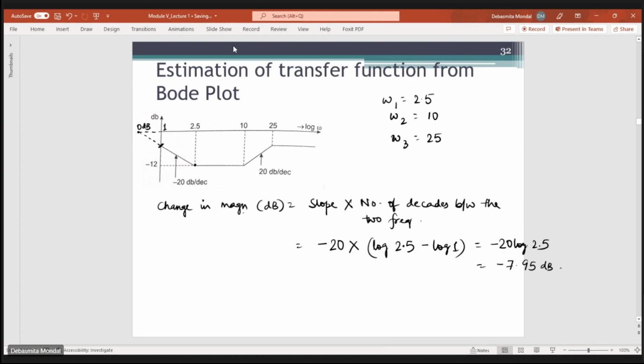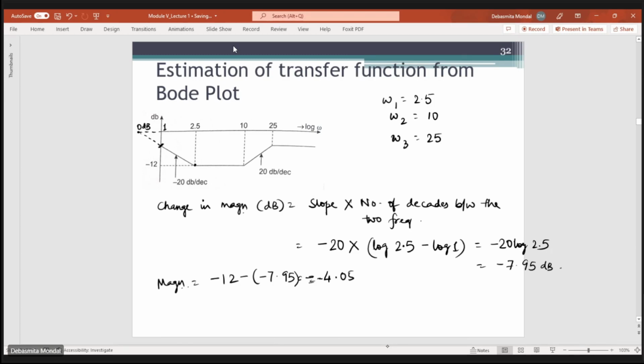Okay, so that means the magnitude will be equal to minus 12 minus of minus 7.95, that is equal to minus 4.05. So this curve implies that there is a gain.